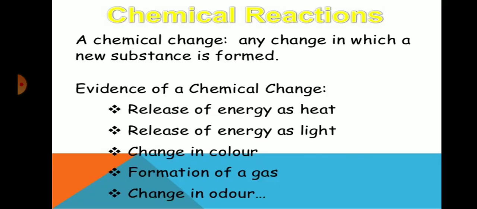So let us first define what a chemical reaction is. It is a chemical change, in which any change forms a new substance. So the following are the evidence of a chemical change: release of energy as heat, release of energy as light, change in color, formation of a gas, and change in odor.